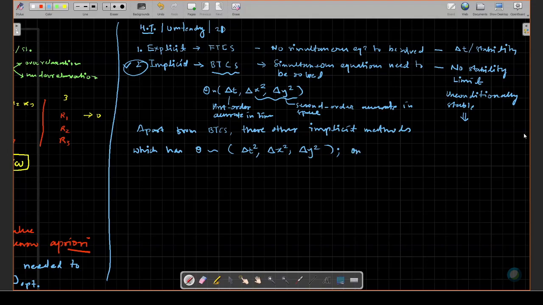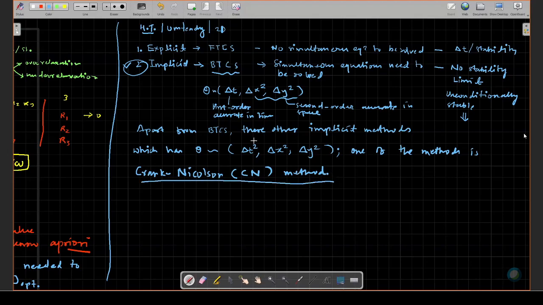Okay, so one of the methods is Crank-Nicolson method. This is also written as CN method. Okay, this method we are going to look at for the heat transfer problem. And what was our problem?